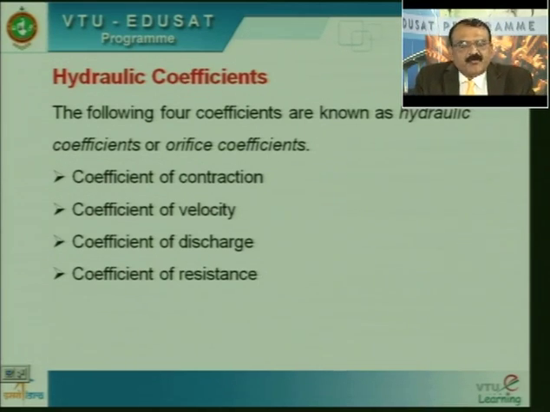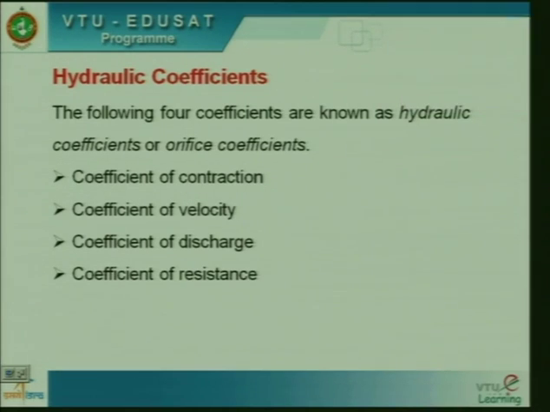Then we will introduce the hydraulic coefficients. Remember, when I was talking about the Venturi meter, the orifice meter and the pitot tube, we introduced three hydraulic coefficients. What are those? First, I introduced the coefficient of discharge, represented as CD, defined as the ratio of actual discharge to theoretical discharge.